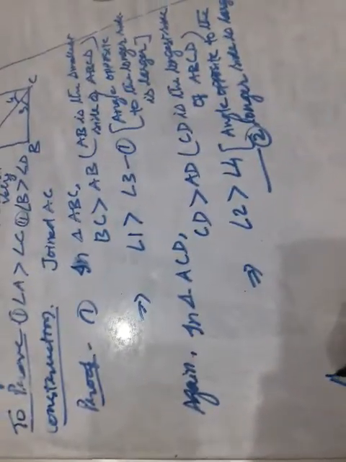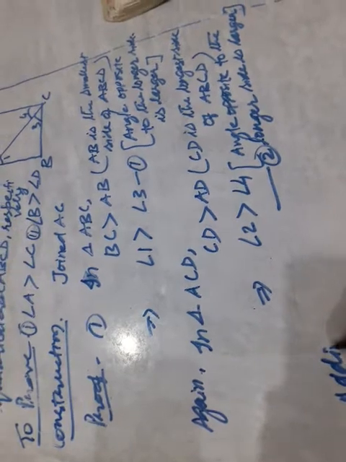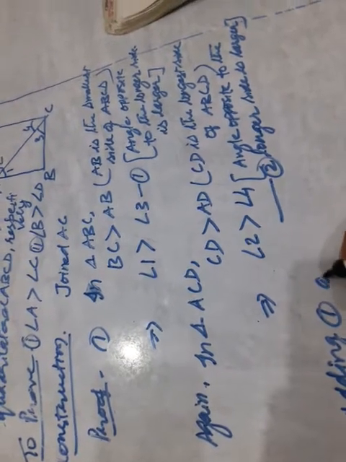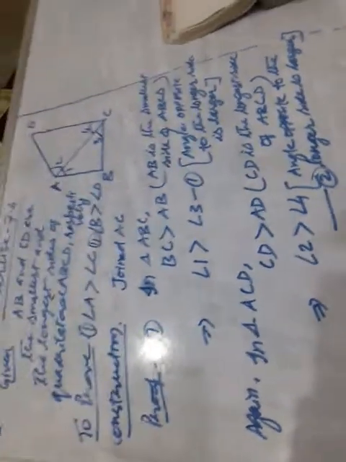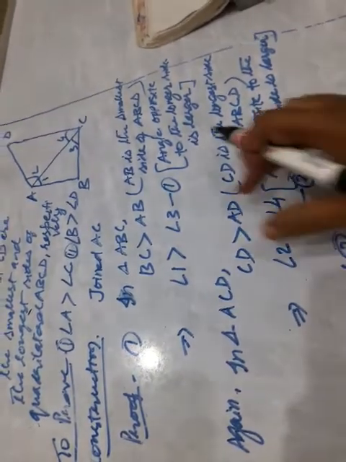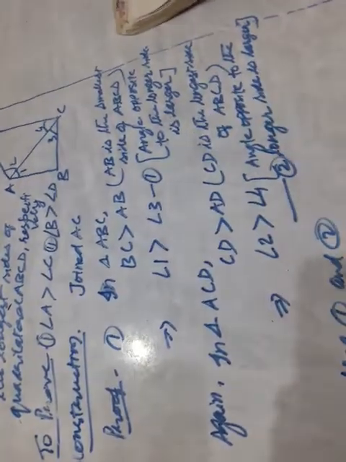Now what we have to do next is add 1 and 2. Right hand side will be added to right hand side, left hand side to left hand side.